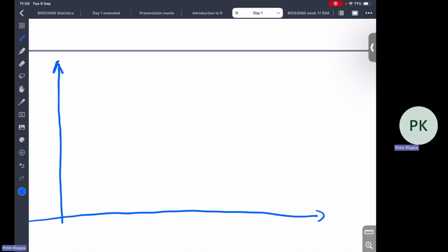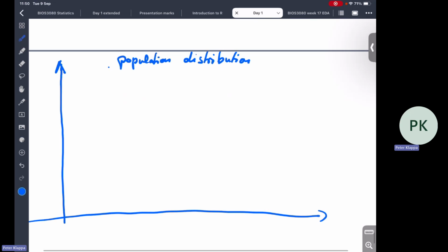And when we draw the distribution of the population, population distribution, what we find, for example, the height of people, is that there will be a few people who are tiny.